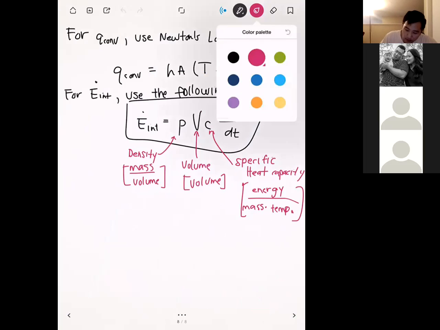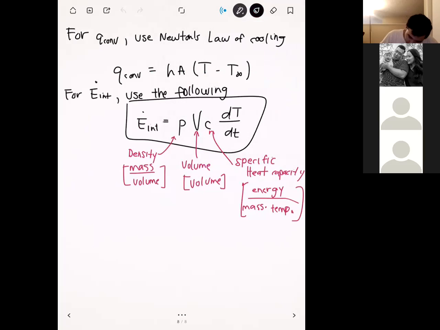So we have rho V C dT/dt plus hA times (T minus T infinity) equal to 0.